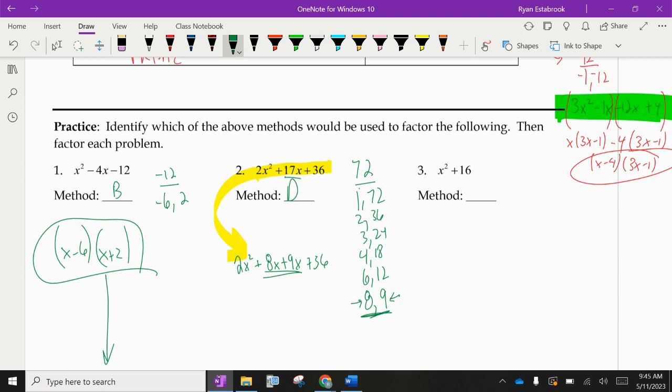Because 8 and 9 are the pair, take the 17x, call it 8x and 9x. These two terms are splitting that 17x in the middle.